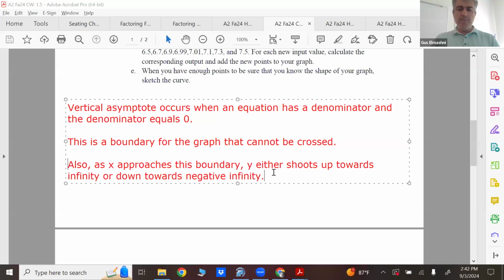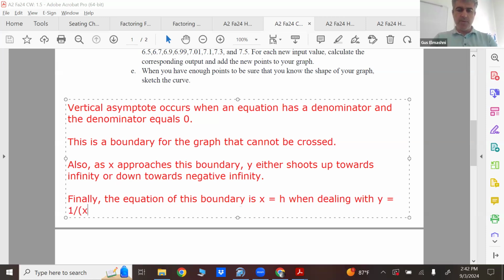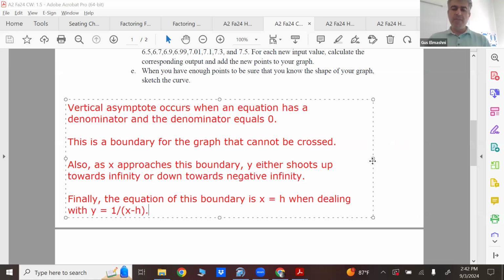And also, the equation of this boundary is x equals h when dealing with y equals 1 over x minus h. So when that's the equation we're dealing with, then x equals h is the equation of the boundary. Just so you know.